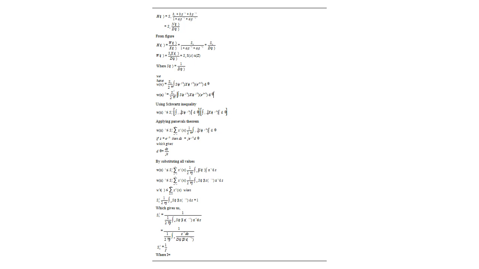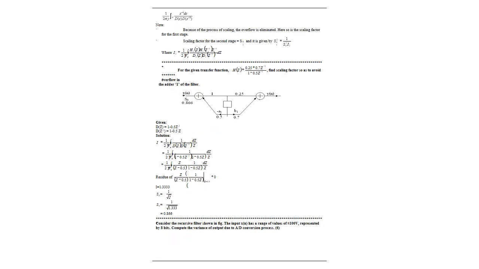So it will give that S0 squared is equal to 1 by [1 by 2πj contour integral z^-1 dz by D(z) D(z^-1)]. So that is S0 squared is equal to 1 by I, where I is equal to 1 by 2πj contour integral over C of z^-1 dz by D(z) D(z^-1).